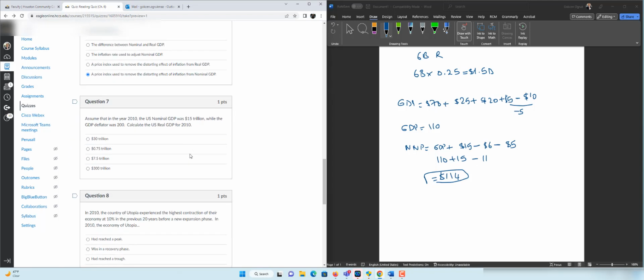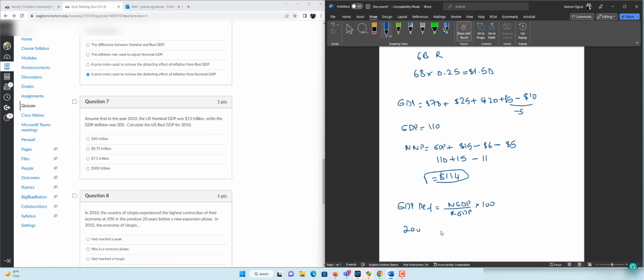Question 7. Assume that in year 2010, US nominal GDP was 15 trillion, while the GDP deflator was 200. Calculate US real GDP for 2010. So let's write the GDP deflator equation. GDP deflator is equal to nominal GDP divided by real GDP times 100. So here is 200.